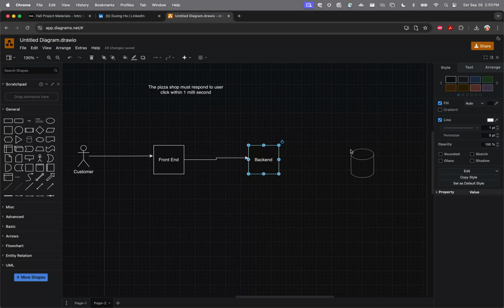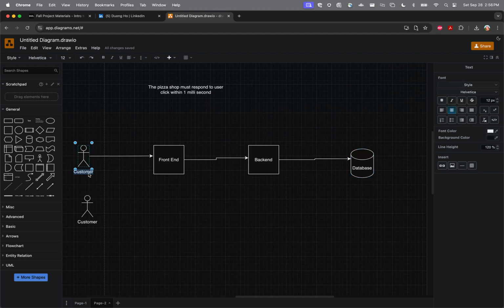So just imagine you have one customer. This customer is using this system, and because there's only one customer using this system right now, all of the resources of the front end, backend, and database are being reserved to serve this customer. But what happens when you have multiple customers using the system?